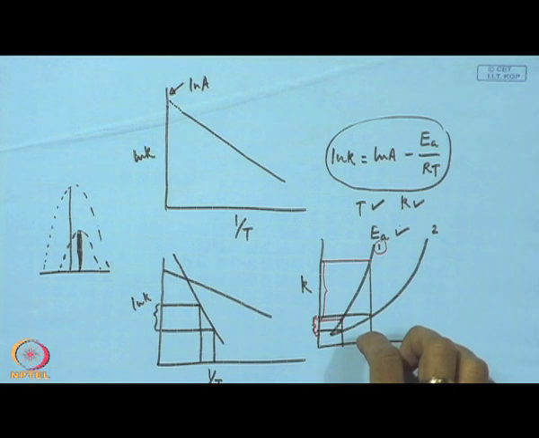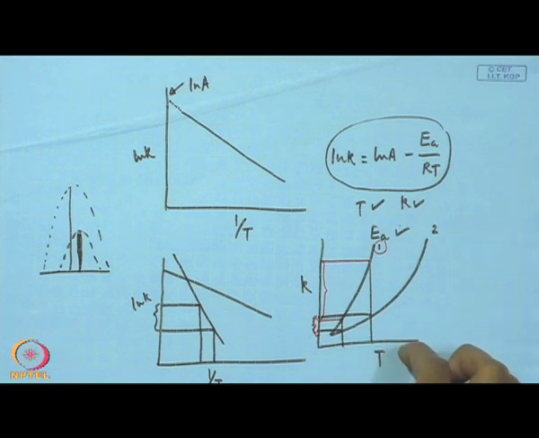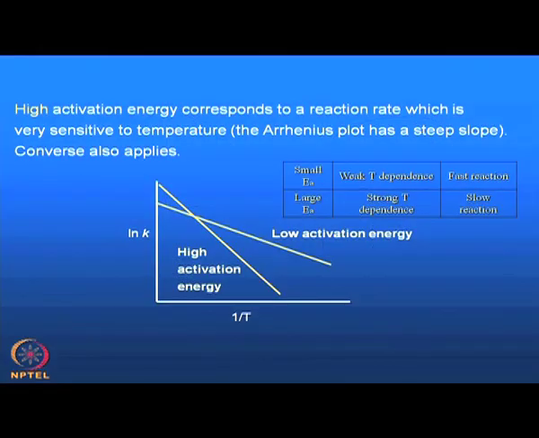Okay. And large activation energy means strong temperature dependence. So, a little increase of temperature will lead to a huge amount of change in k, but the reaction is slow for the large activation energy case.